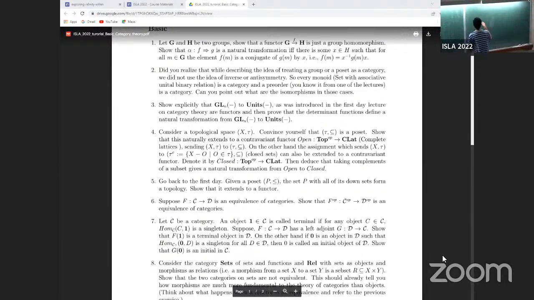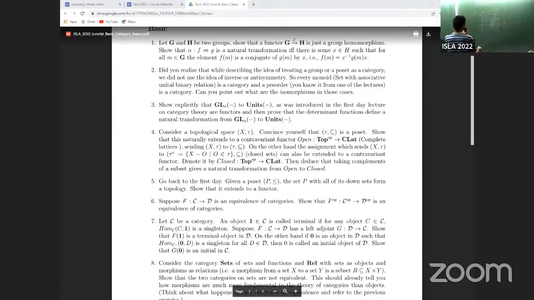So F from C to D is given and F op is defined on C op, where an object A will still be mapped to FA. And whenever there is a morphism f op from A to B, where B is mapped to FB, then this f op will be mapped to Ff op.